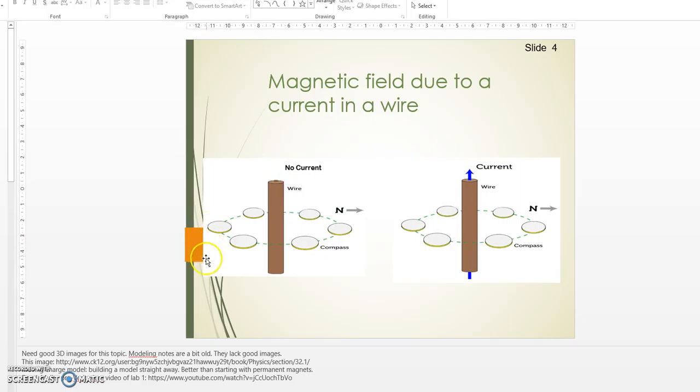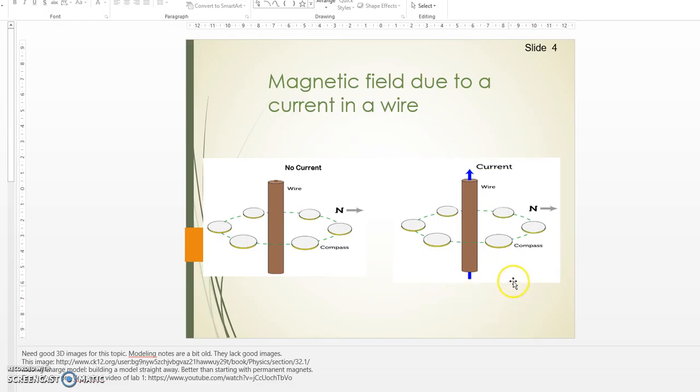I'm imagining a question where we give the students the diagram on the left, first of all, with the Earth's magnetic field direction clearly marked. And we ask the students to draw north pointing arrows in the compasses in this situation where there is no current flowing. And once they've got that done, then we move on to a situation where there is current flowing in the wire.